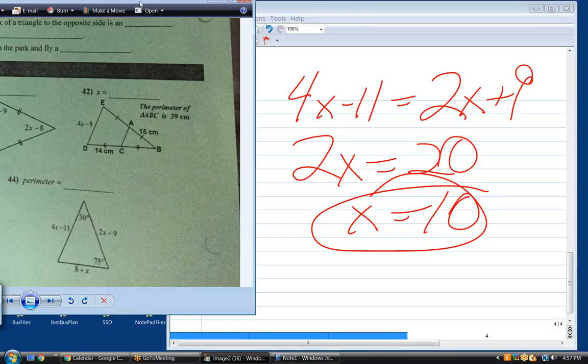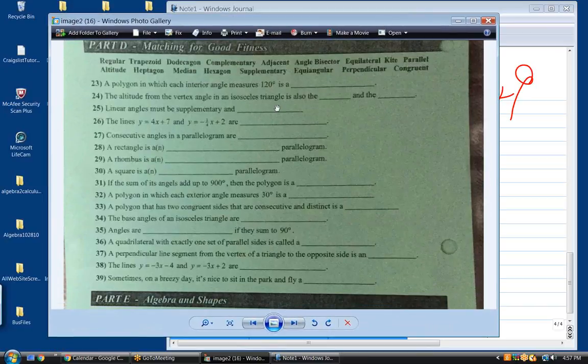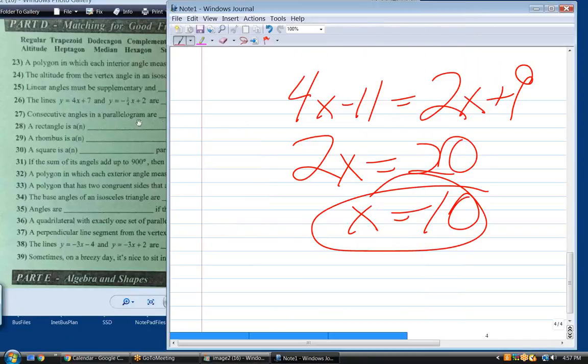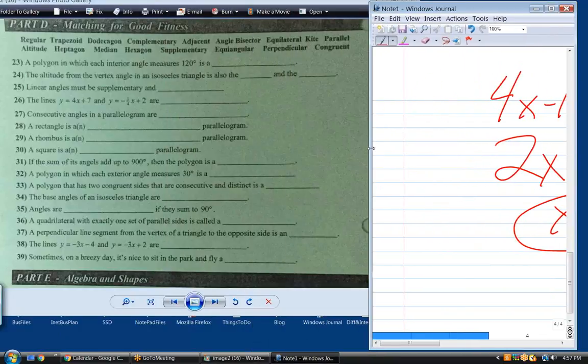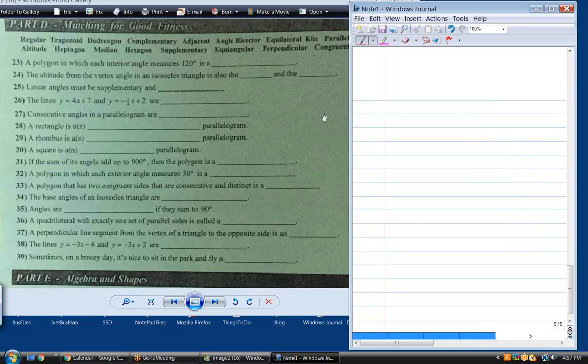Let's see. Are there any of these questions on this page? These blanks need to be filled in from these choices up here. 24 is kind of interesting. Let's just do 24.